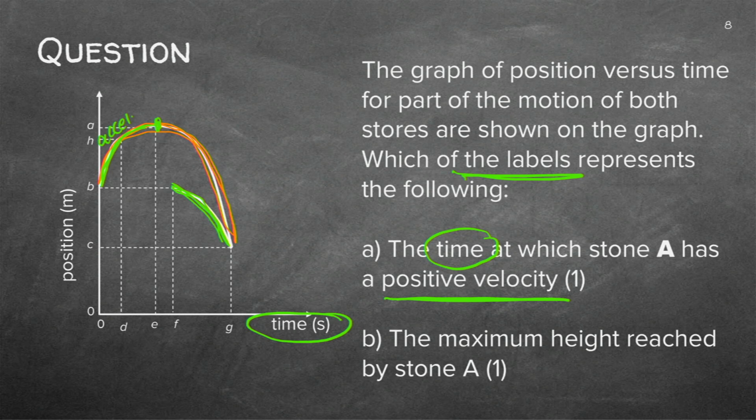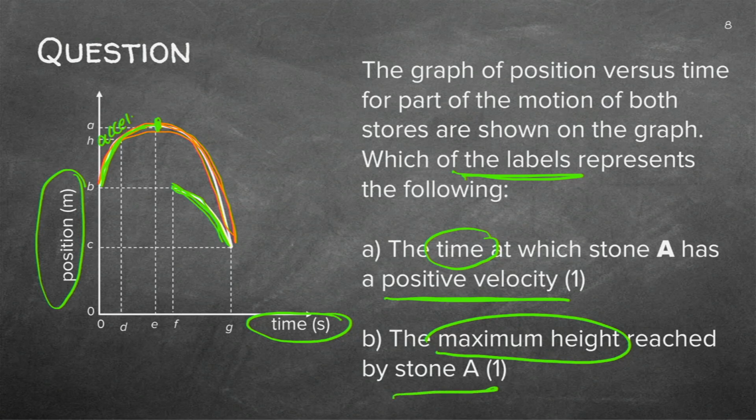The second question, what is the maximum height? Now that's again on the y-axis. What is the maximum height that is reached by stone A? Here you can see it's going up there. That will be represented by D. So that would be D, and that answer would be A.